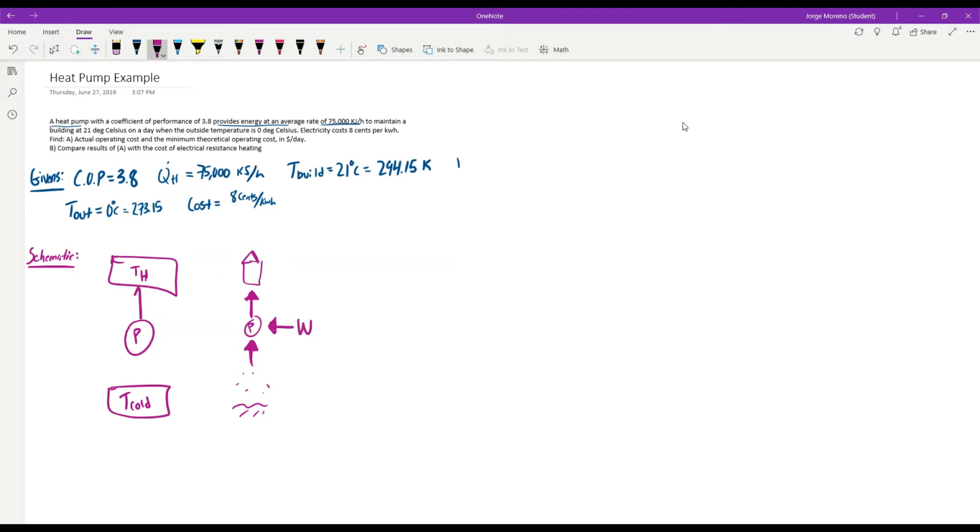So that's exactly how ours is going to look in this case. So we call this heat leaving the pump, QH, and heat entering the pump, we call it QL. And then the work provided into the pump is W in.